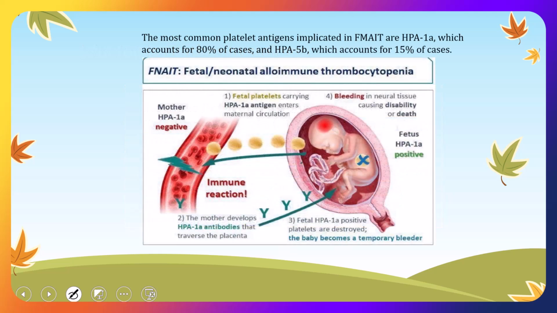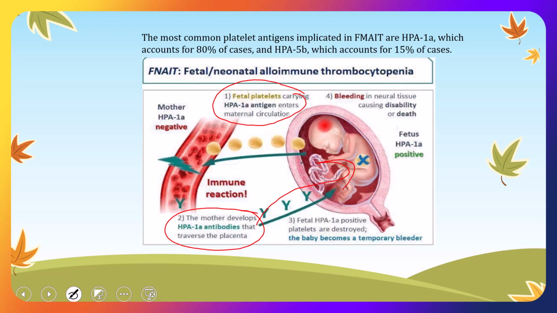So this is a beautiful diagram showing how the pathophysiology of fetal neonatal alloimmune thrombocytopenia occurs. As you can see here, this point shows that the fetus has inherited a paternal platelet antigen, most commonly HPA1A, that is usually absent in the mother, but the fetus has got that antigen. So the maternal immune system creates HPA1A antibodies against those antigens of the fetus, and these antibodies then cross the placenta and attack the fetal platelets.